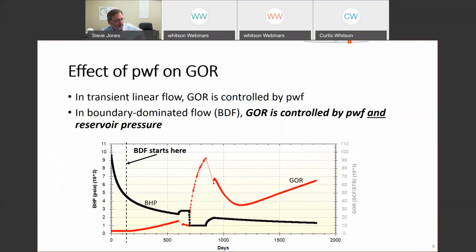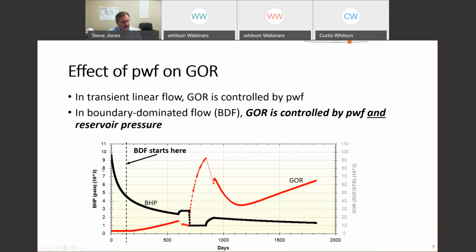I also want to mention that in transient linear flow, as I mentioned before, gas oil ratio is controlled solely by your bottom hole flowing pressure. But once you get into boundary dominated flow, it's controlled by bottom hole flowing pressure and average reservoir pressure. So in this simulation here, I know that boundary dominated flow started here at about 125 days.